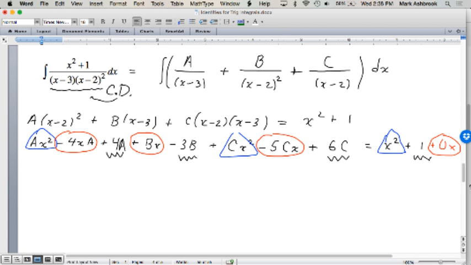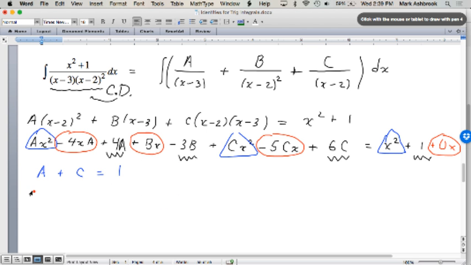You can look right now. So our equations are a plus c equals what? 1, right? So ax squared plus cx squared equals 1x squared. So a plus c equals 1. That's my blue triangle equation. Then the reds are the linears, right?